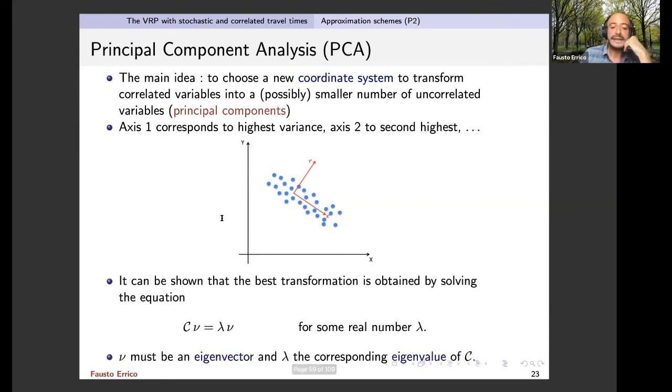It is known that the best transformation, the idea is that we want to find a set of perpendicular axes in which the first axis corresponds to the highest variance, the second axis to the second highest, etc. It can be shown that this can be obtained by solving the equation to find the eigenvectors and eigenvalues.